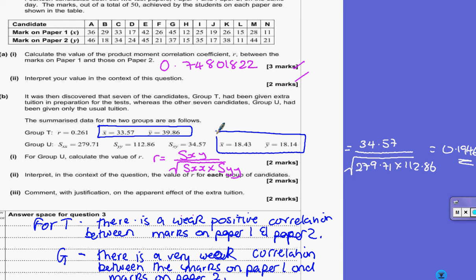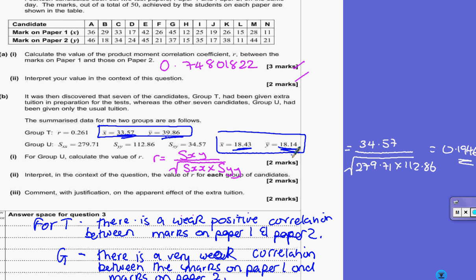But where we're commenting, in part 3, is that we need to say that group T, the one that's had the tuition, has a much higher mean value than group U without the tuition on both papers.